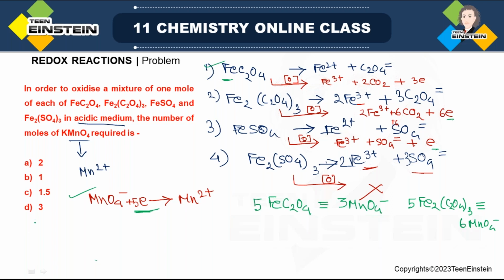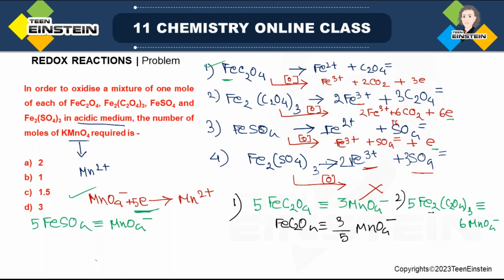That means it is 5 FeSO4, that is equivalent to MnO4 minus. Now we have taken only 1 mole. So for 5, if it is 3, for 1 mole of FeC2O4, it should be 3 by 5 MnO4. In the second case, for 1 mole of ferric oxalate, it should be 6 by 5 of MnO4. And in this case, it should be 1 by 5.